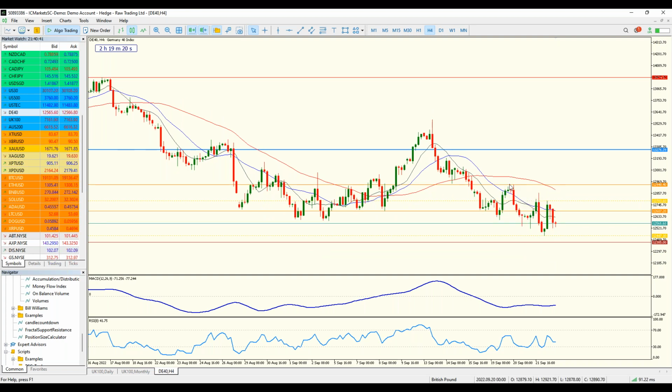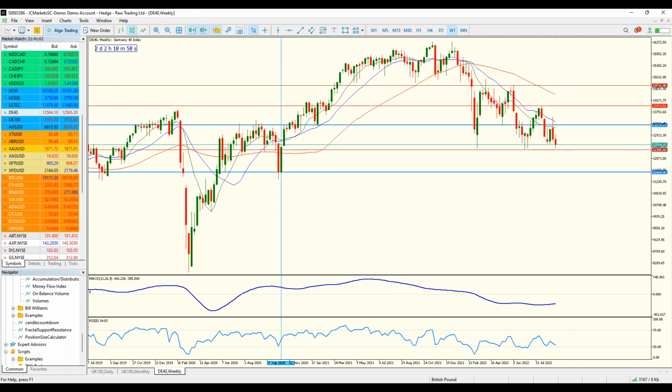Moves down, corrects, drops down, corrects, moves down, corrects. If you're going to sell, you need to take profits, and don't think that you can ride it all the way down. You take a profit, cover your stop loss, take a profit, cover your stop loss. Because as soon as the market goes down, it becomes attractive to buyers and they buy.